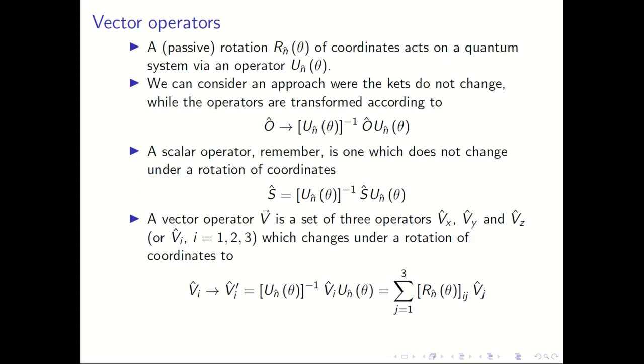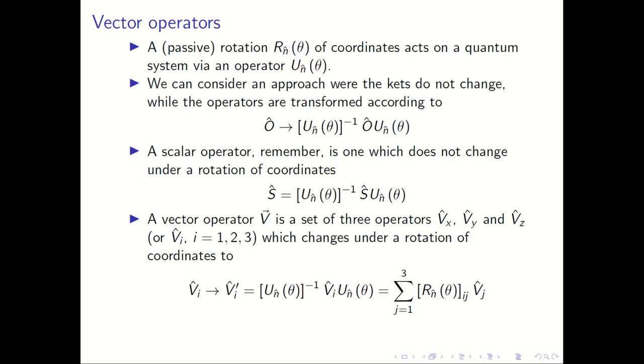So the result must be this thing out here, a linear combination of the V's themselves, and not just any linear combination, exactly the same combination as happens to the coordinates. So basically, coordinates are the prototype.